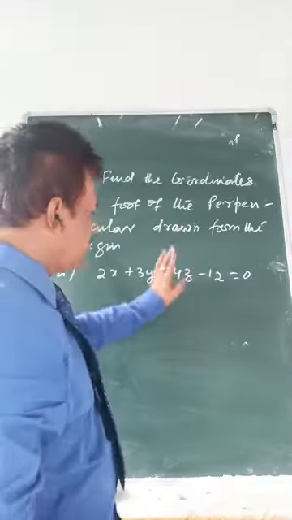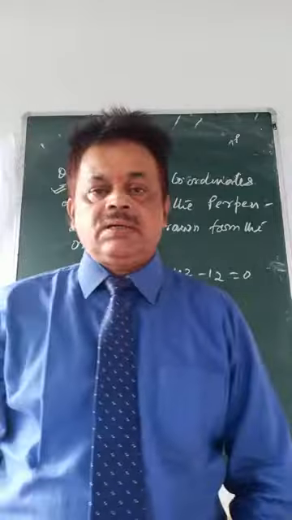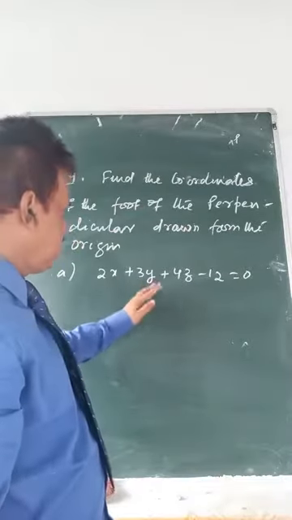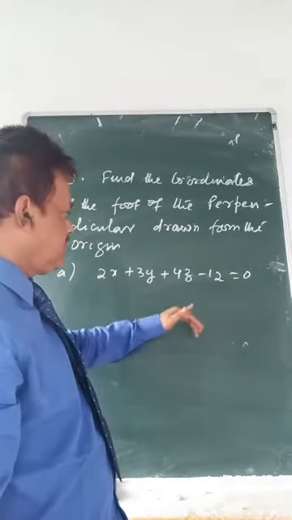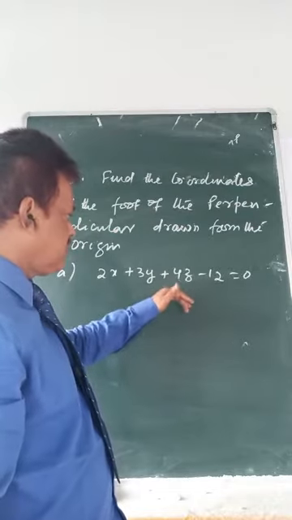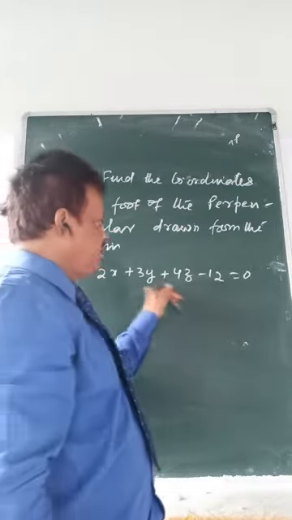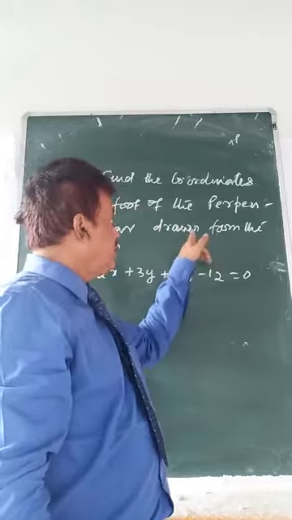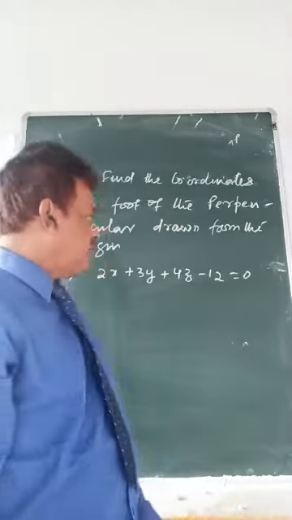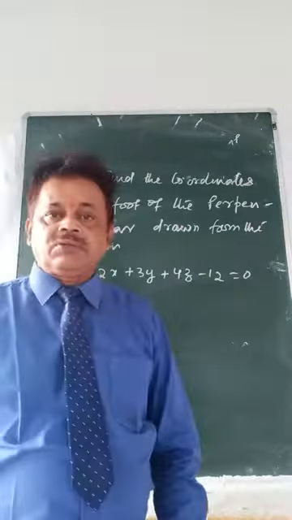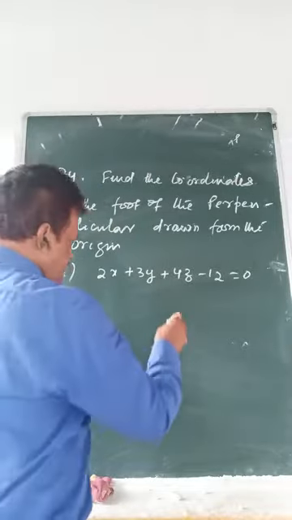There are two ways to solve it. Both methods I will show you. One is the concept: what is the meaning of this? On the basis of conceptual ideas, we will find the foot of the perpendicular, and you can also find it directly using a formula. So look here.